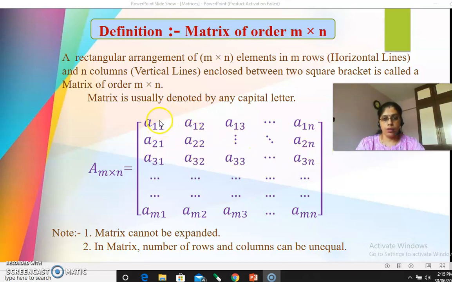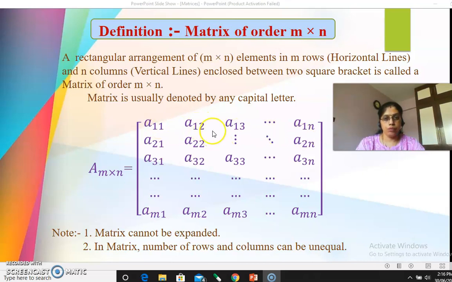Now let me tell you what the suffixes mean. In the suffix, the first number is for the row and the second number is for the column, giving the position of that element. So this element A11 belongs to the first row and first column. Next, it belongs to the first row and second column.